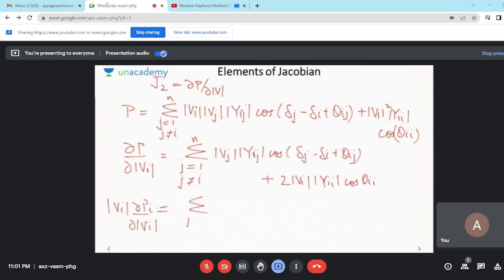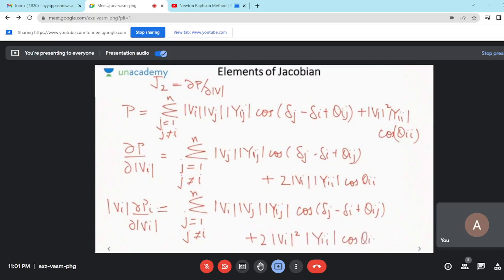So it will become sigma j is equal to 1 to n, j is not equal to i, mod Vi mod Vj mod Yij cos of delta j minus delta i plus theta ij, plus 2 mod Vi square mod Yii cos theta ii.